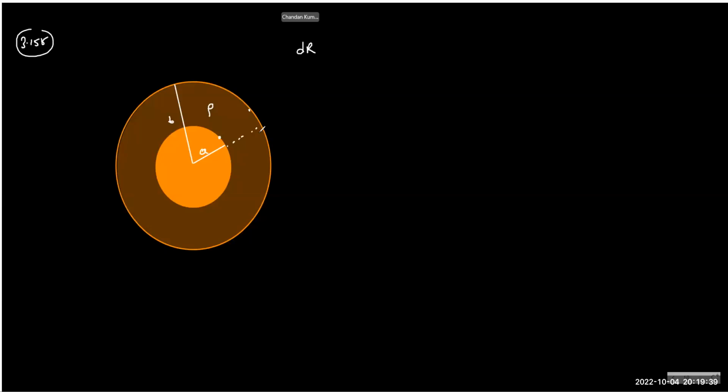Yes, tell me the answer. Rho into B minus A upon 4 pi AB. Sir, I got rho by 4 pi A, but B tends to infinity. That is the second case.